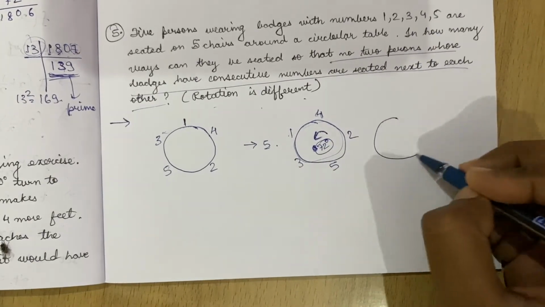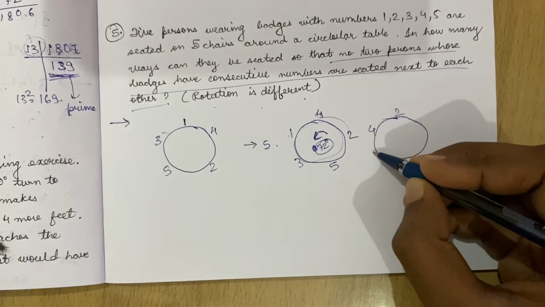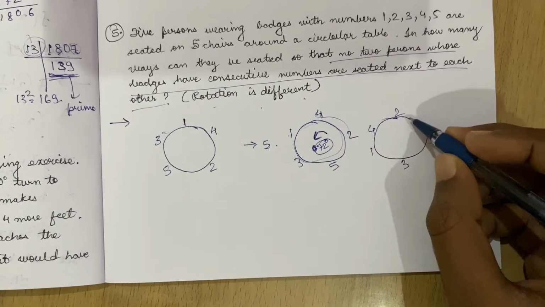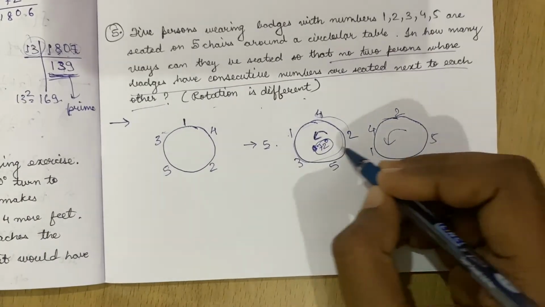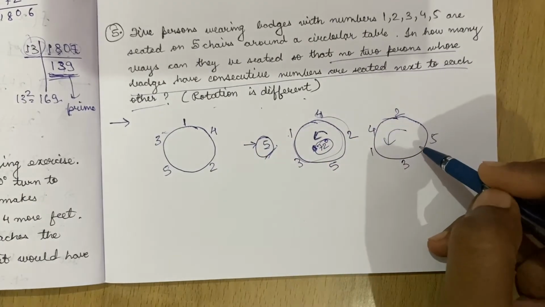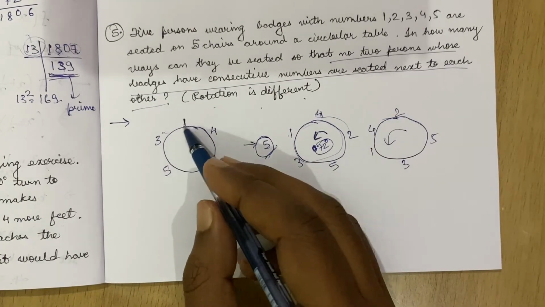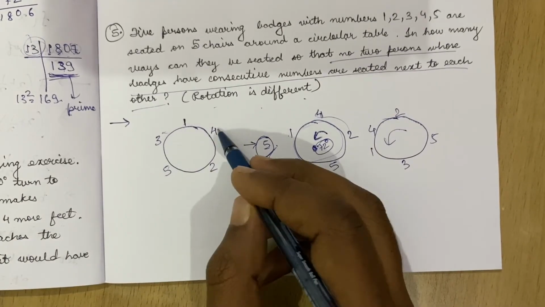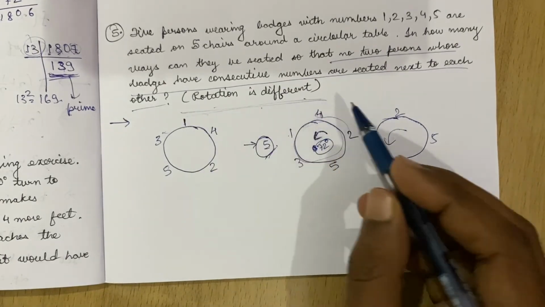So in all, one would be when 2 comes over here, so 2, 4, 1, 3, 5. So this is another possible arrangement. So we can have 5 such arrangements. So there would be 5 different possibilities for this. And so any possible arrangement that we show here would be multiplied by 5 because rotation is considered different.